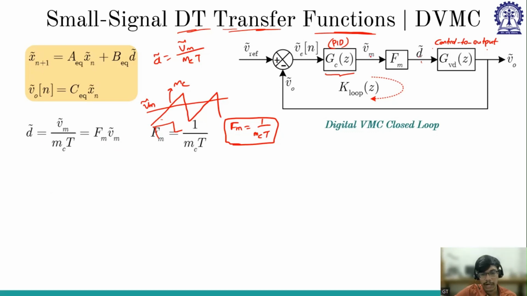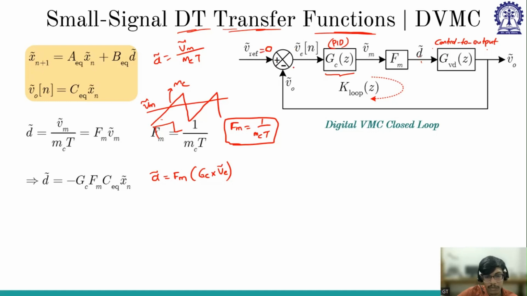And what is VM perturb? VM perturb is GC into V error, right? So D perturb is FM into VM perturb. What is VM perturb? VM perturb is GC into VE perturb. And for the time being, say reference is constant, so this will be equal to 0.